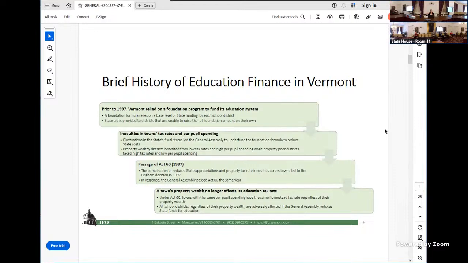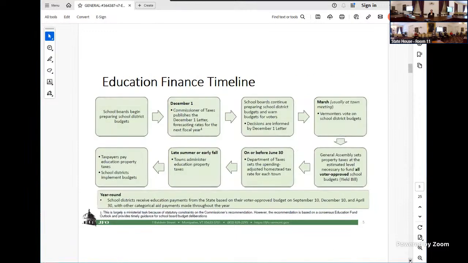There have been a number of other significant pieces of legislation since Act 60, and I've included only Act 60 here as sort of a grounding of where we started to build this new system. So essentially what it means is that a town's property wealth no longer affects its education tax rate. Under Act 60, towns with the same per pupil spending have the same homestead tax rate regardless of their property wealth. So that's very quick how we got to where we are today.